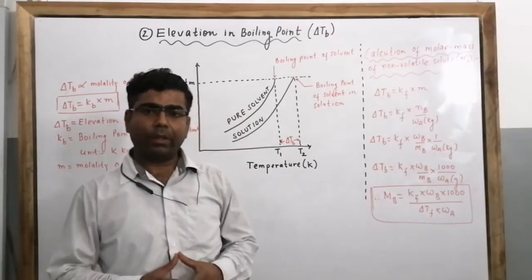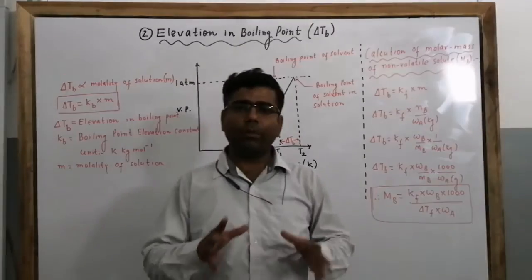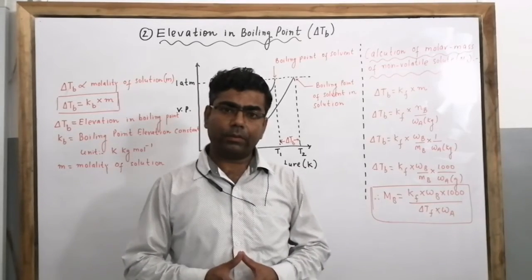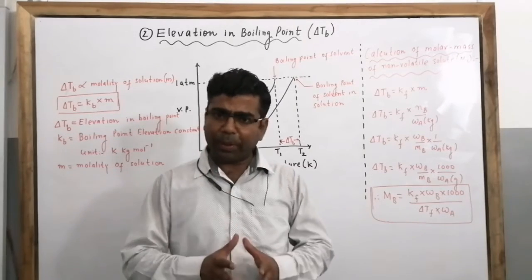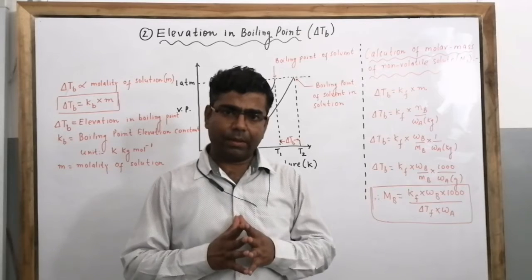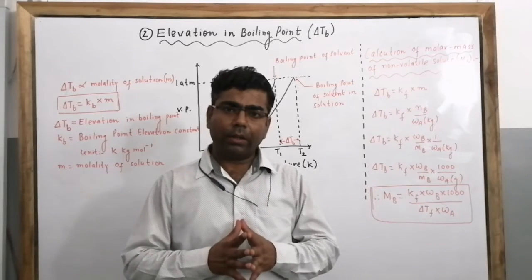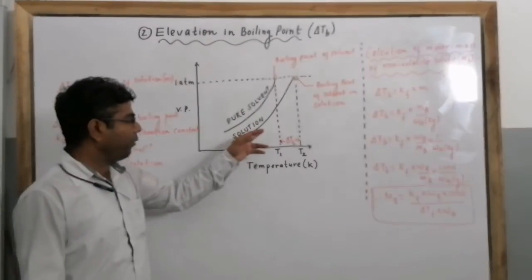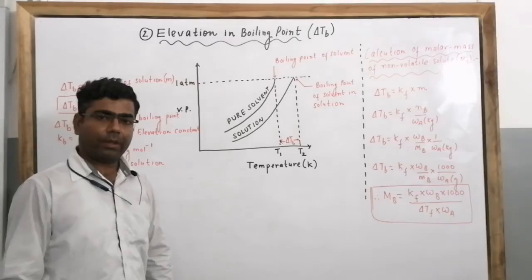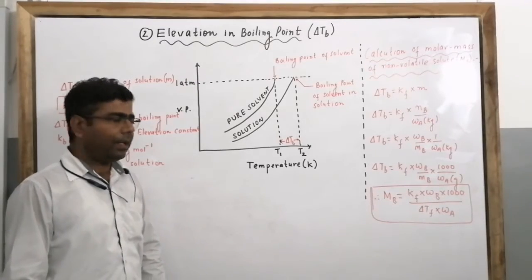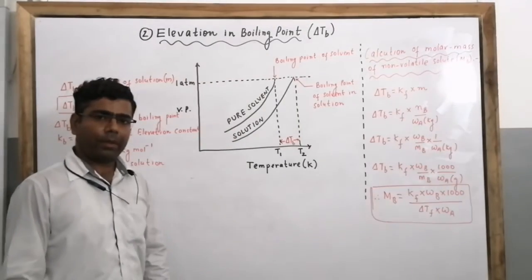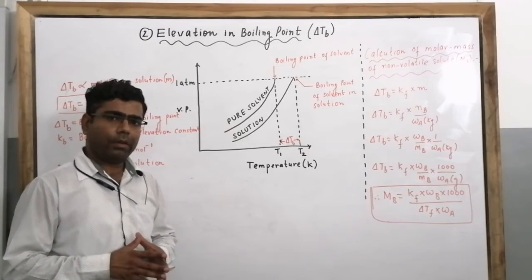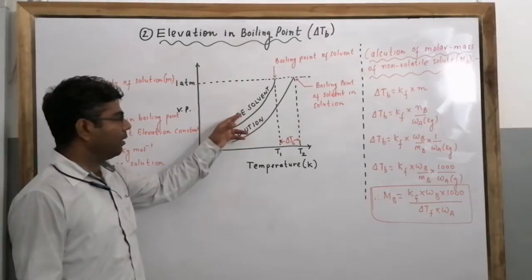Now let us add some non-volatile solute to the pure solvent, or to the water. What will happen? Its vapor pressure will decrease. So if we plot the graph between vapor pressure and temperature, the graph for the solution will always run below the pure solvent.